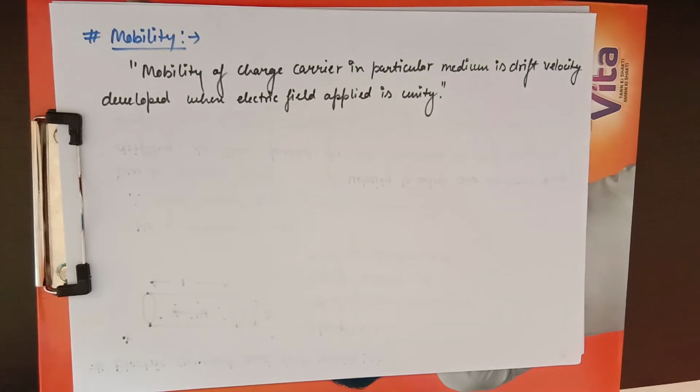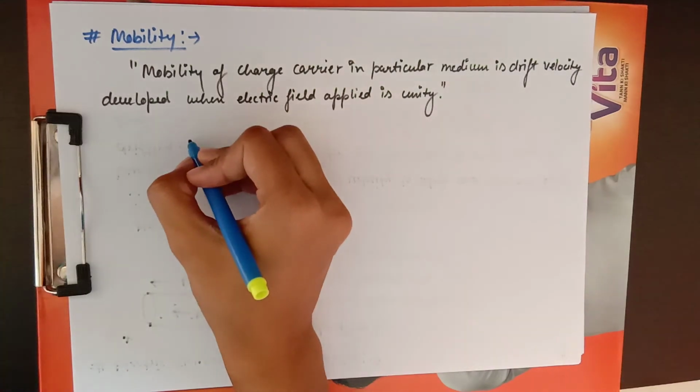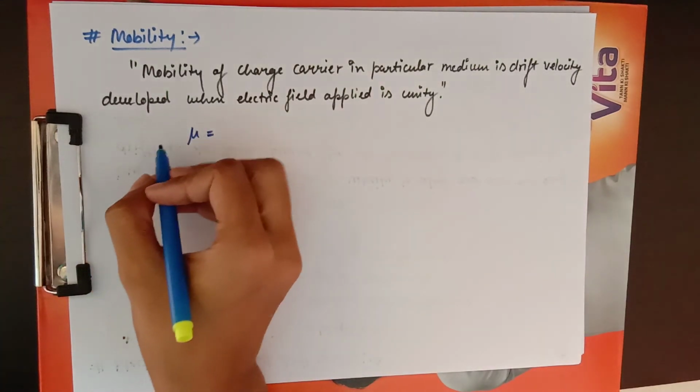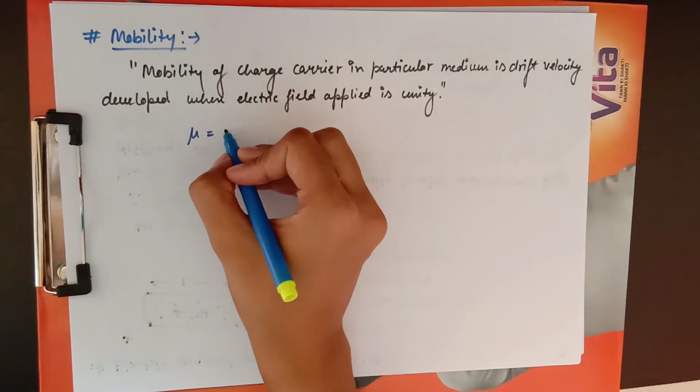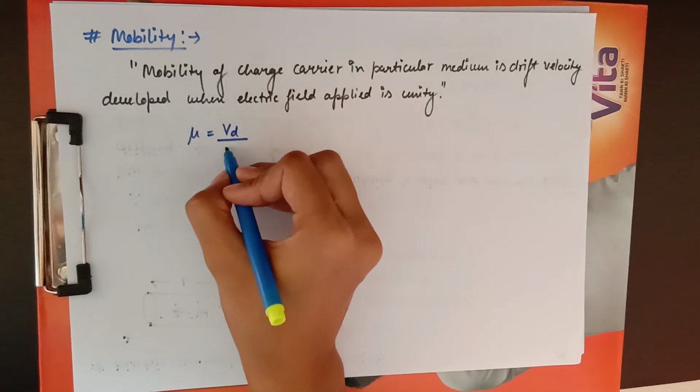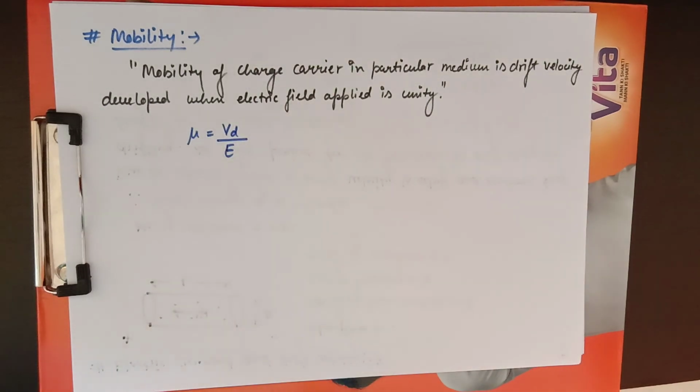If I apply unit electric field in any conductor, then the drift velocity is called mobility. We show mobility by the letter mu. Mu is equal to drift velocity divided by electric field.